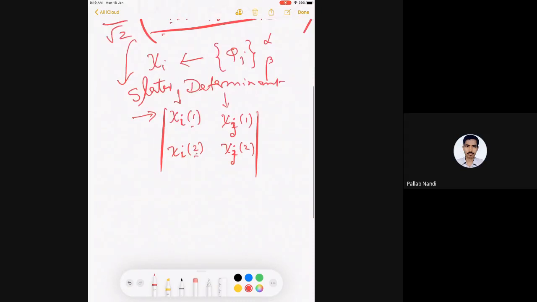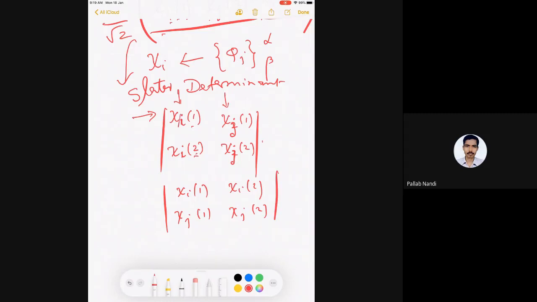Of course, you may choose to write by interchanging row and column. So for example, if you write this as chi I of 1, chi I of 2, chi j of 1, chi j of 2. So just carefully see these two determinants.